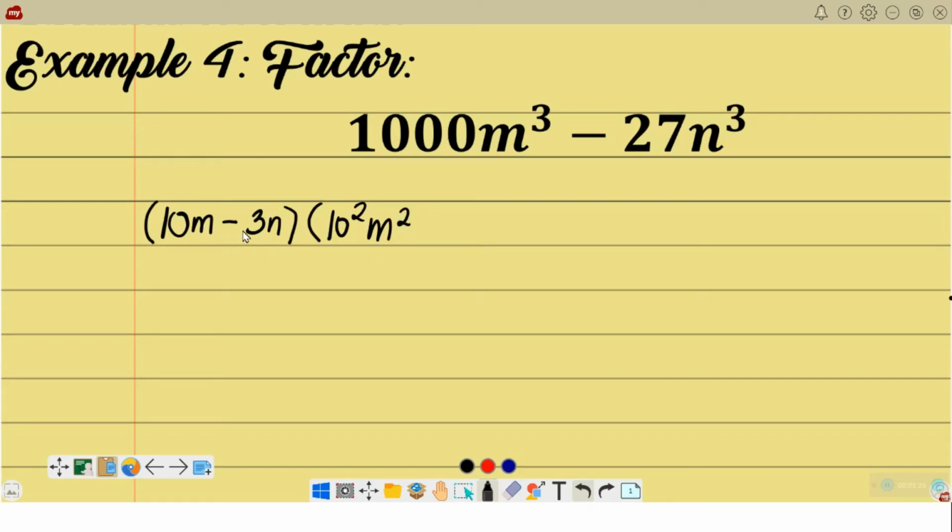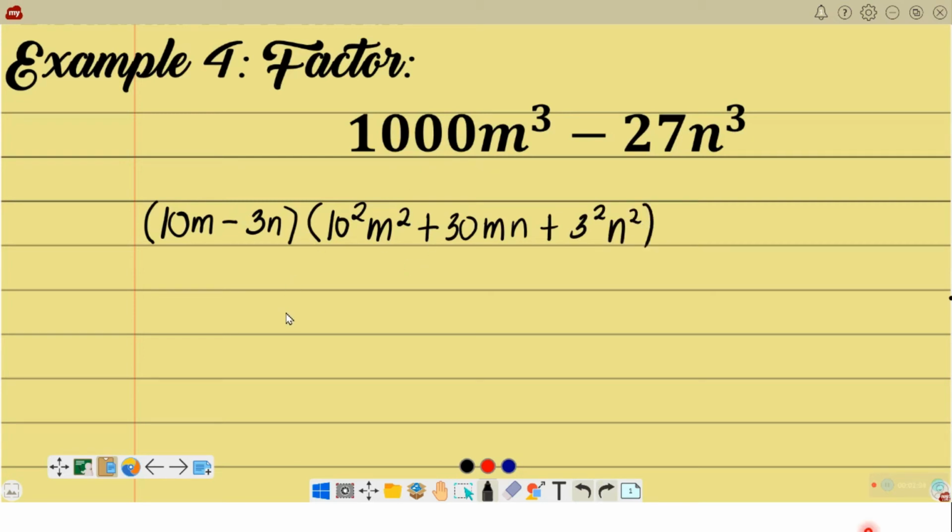The opposite of minus becomes plus. Let's multiply. 3 times 10, we have 30. m times n, we have mn. Then for the last term, always plus. Then get the square of the second cube root. So it becomes 3 squared and then n squared.